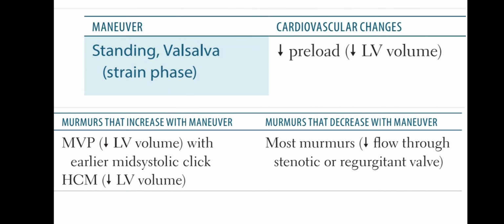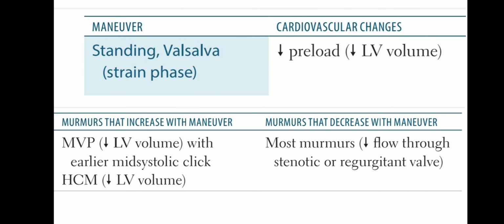Okay, so there are two maneuvers here, passive leg raise and squatting. For passive leg raise, there is an increase in the preload which leads to increase in the left ventricular volume. For squatting, there is an increase in both preload and afterload, and that results in an increase in the left ventricular volume. Now talking about murmurs that change with these maneuvers.